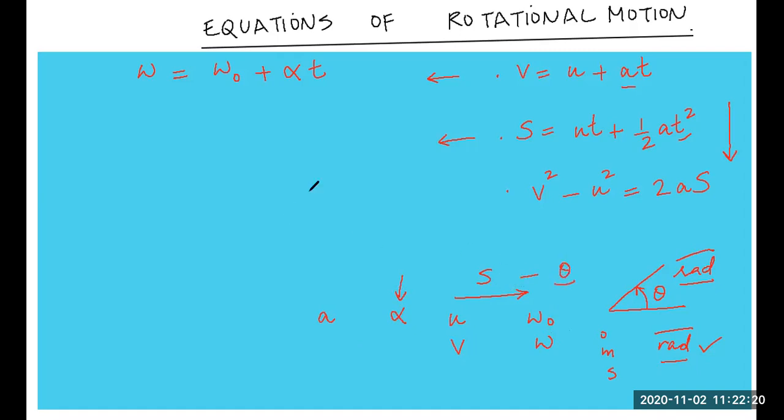So this would be theta is equal to initial velocity omega naught t plus half alpha t square. This is my second equation, and the third equation will be written as omega square minus omega naught square, that is initial angular velocity square, is equal to 2, instead of a I will write alpha, instead of s I will write theta. Theta taken in radians.